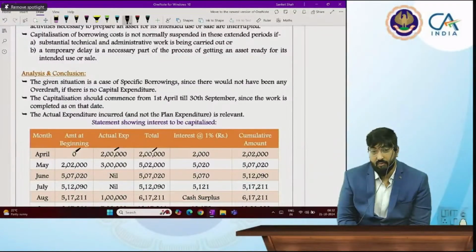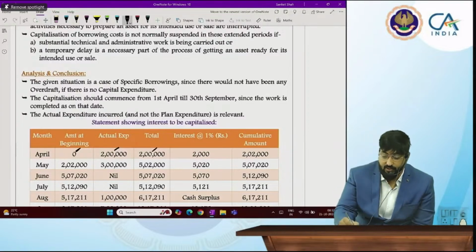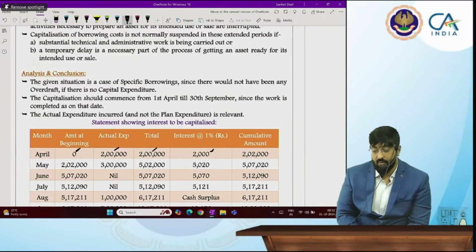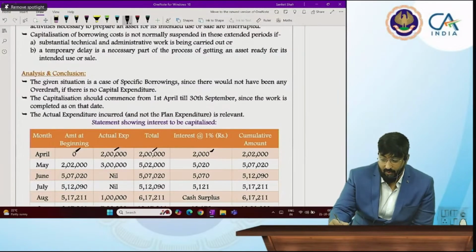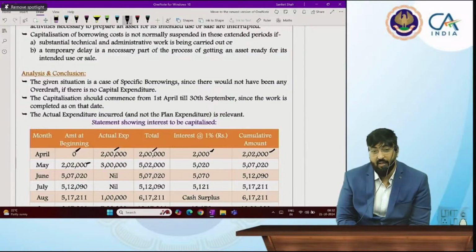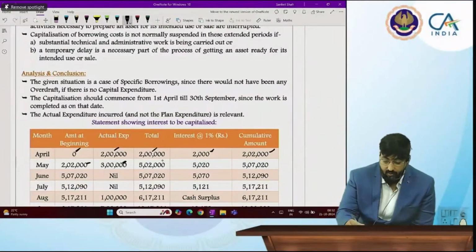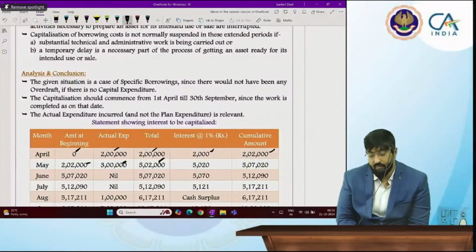Per month 1%. So it is 2000. So what is my cumulative amount? 2000 plus 2 lakh, 2 lakh 2000. What is the next month's expenditure? May? 3 lakhs. What is the total amount? 5 lakh 2000.